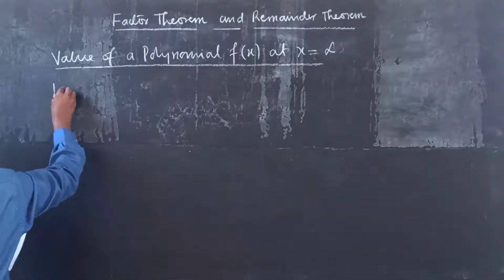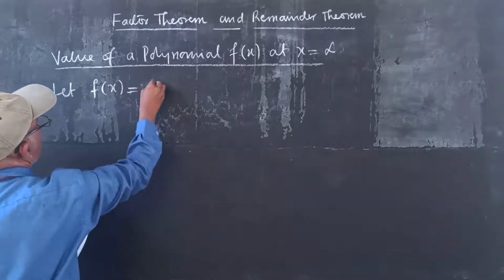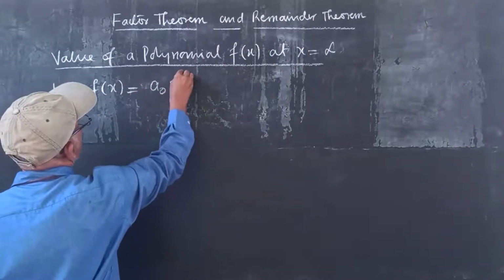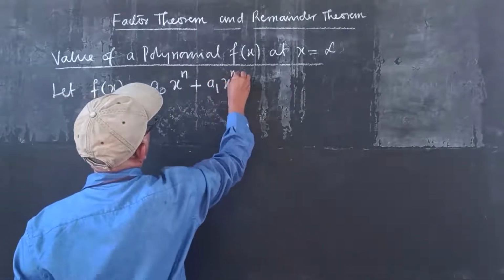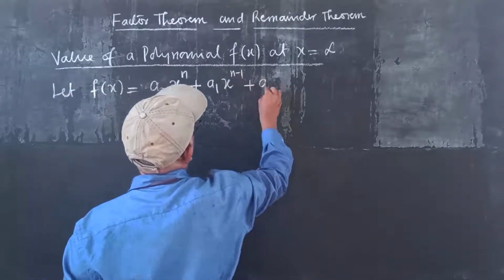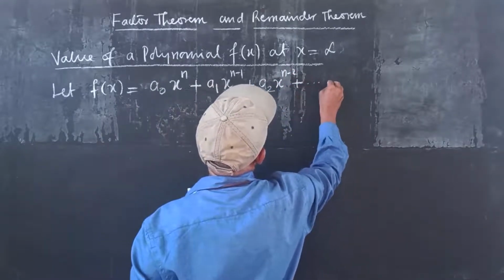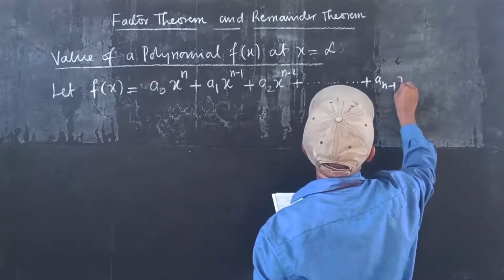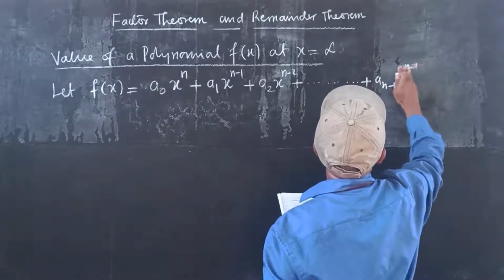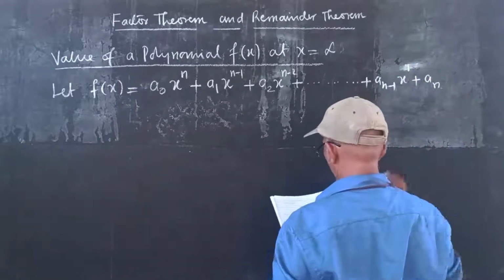Let us take a polynomial f(x) is equal to a naught x to the power of n plus a1 x to the power of n minus 1 plus a2 x to the power of n minus 2 plus etc., plus a n minus 1 x plus an.